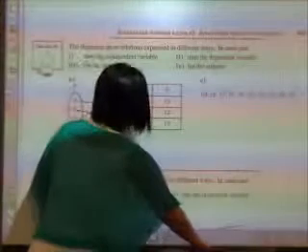So let's jump into class example number 2. The diagrams show relationships in different ways. In each case, we're going to state the independent variable, the dependent variable, the inputs, and the outputs. I'm going to do A with you, and then I'm going to have you do B and C on your own.